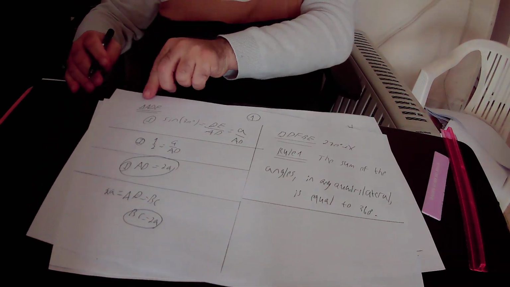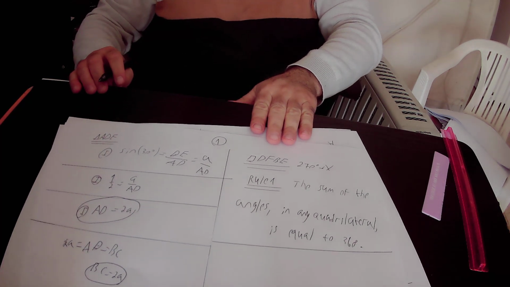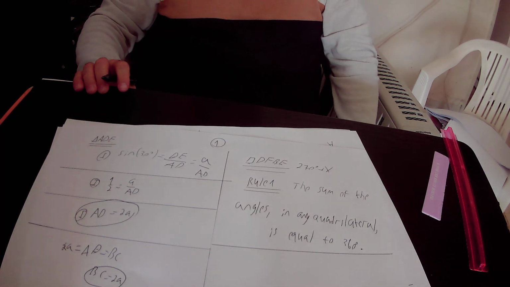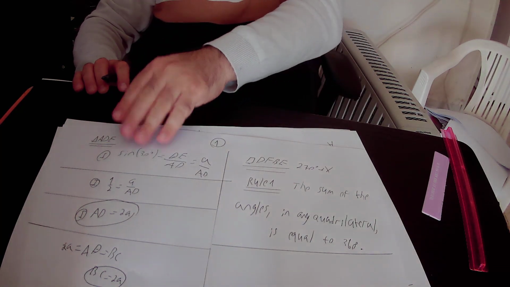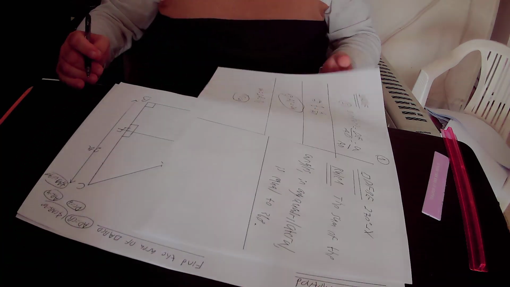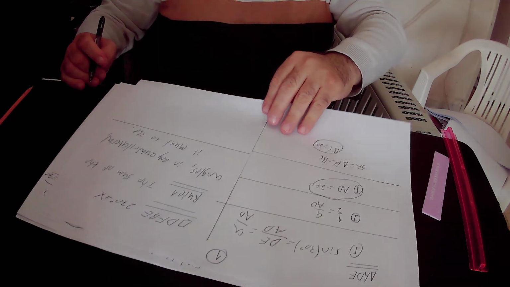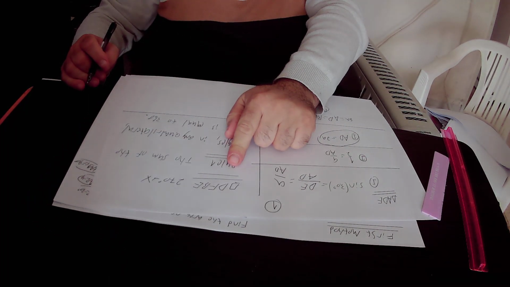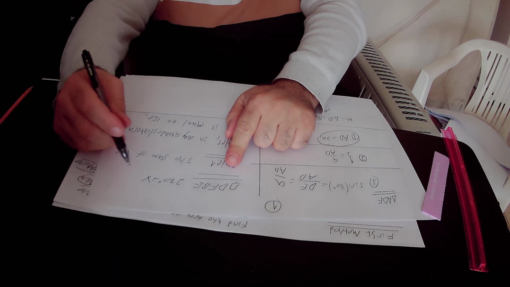I will read rule number 1 again. According to rule number 1, the sum of the angles in any quadrilateral is equal to 360 degrees. Therefore, the sum of the angles in quadrilateral DFBE must be equal to 360 degrees.